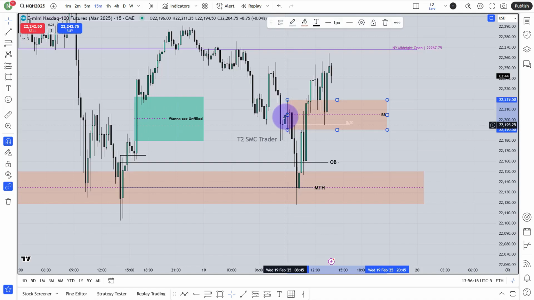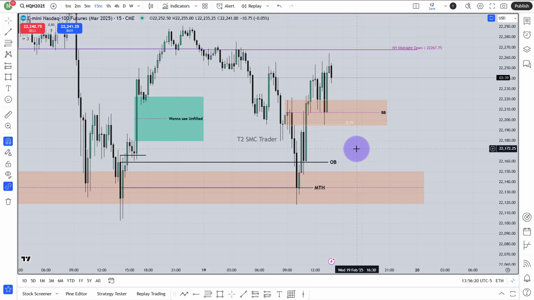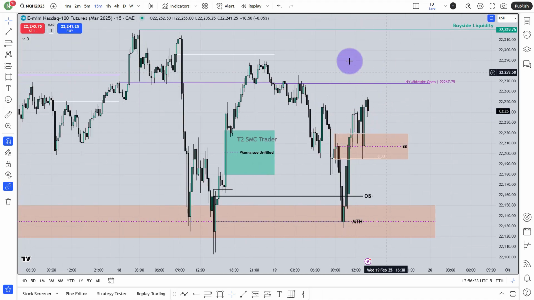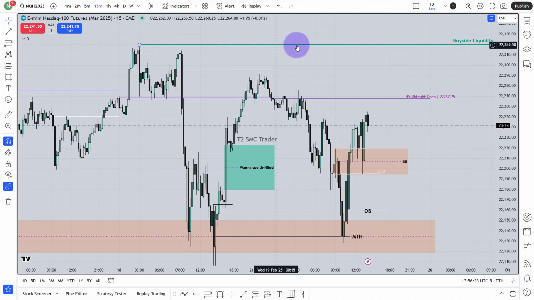Okay, here this is the breaker block, but I would love to mark it from here to here, which is more logical to me. This highest up close, or consecutive up close body close candle, is my breaker block. Then the market came back again to this breaker block, where I'm going to think this market is going for this buy side liquidity.